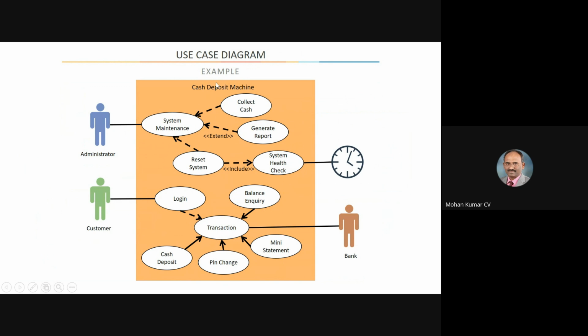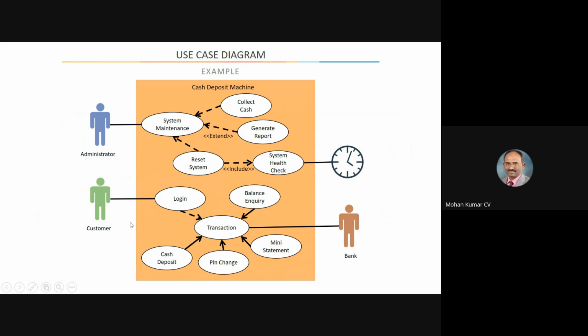Suppose a cash deposit machine is there. As a customer, what do you do? You log in, you transact, you check your balance, you get a mini statement if required, you change your PIN, you deposit your cash. Yes, Fola, have you understood this?